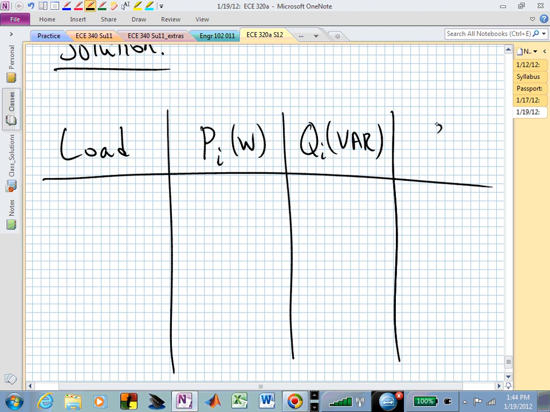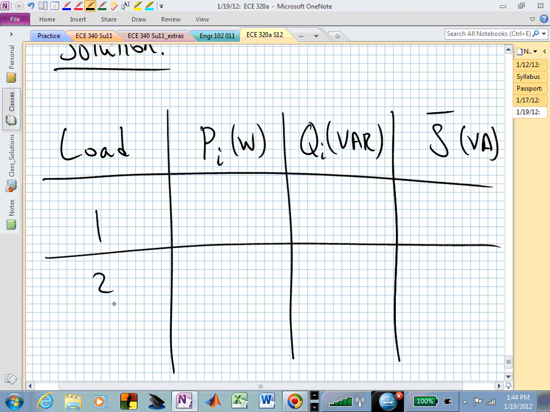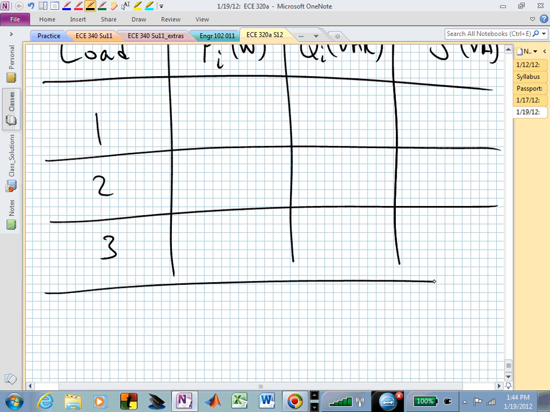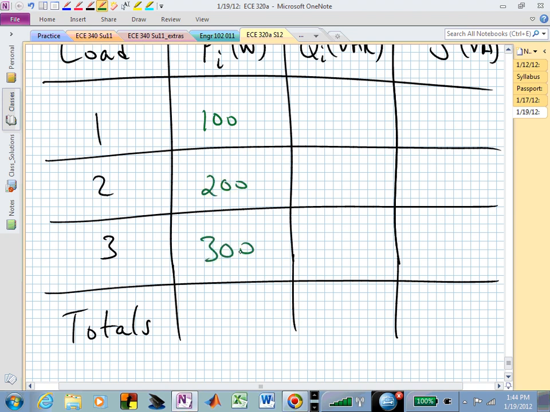And here's the complex power for the different loads. And then I could also have the totals. I'm going to write these down. Wasn't this 100 for the first, 200, and 300? That was pretty easy. So the total real power was 600 watts.